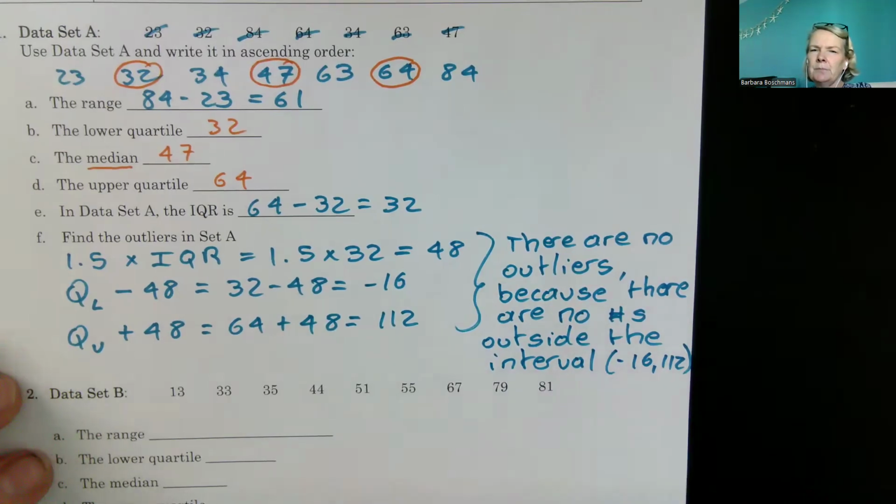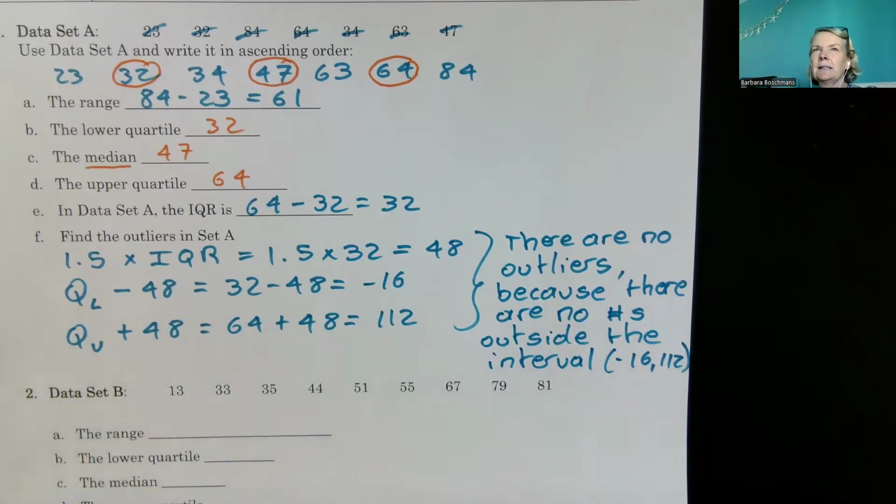You would need something that is outside of it. So negative 17 or 120 would have been outliers, but we have no outliers here.